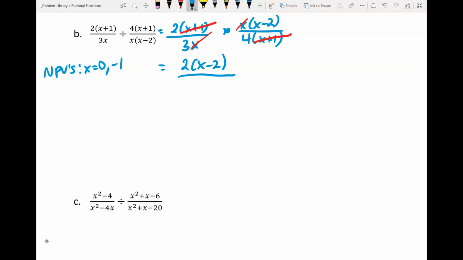And also we have 3 times 4, which is 12. Lastly, I can try to simplify our 2 and 12. This would be similar to 1 over 6 if I divided by 2 top and bottom. So we're left with x minus 2 over 6.